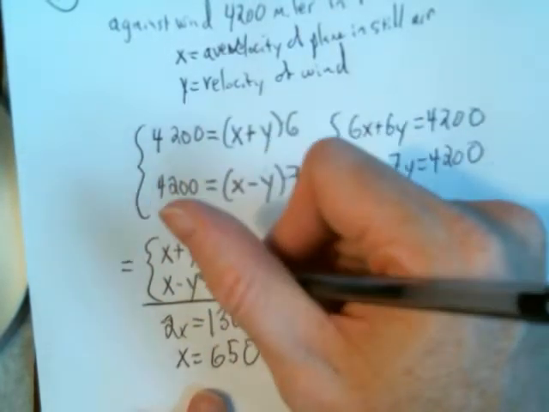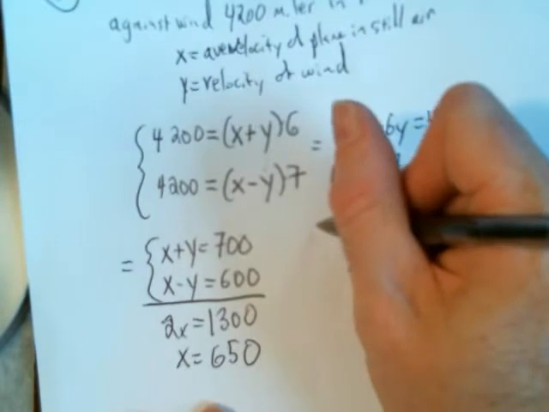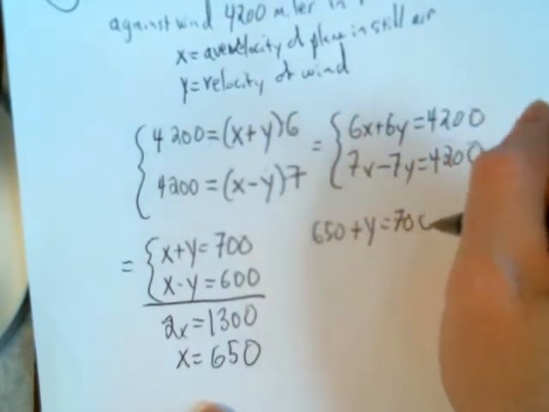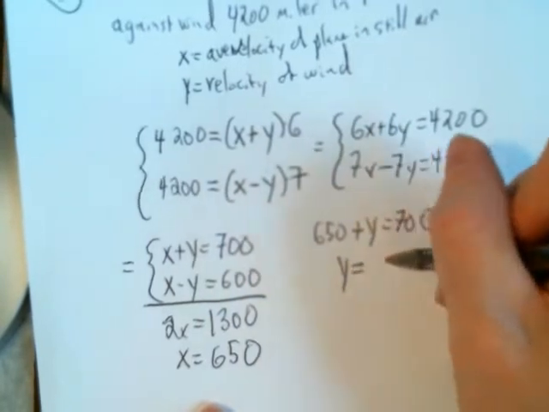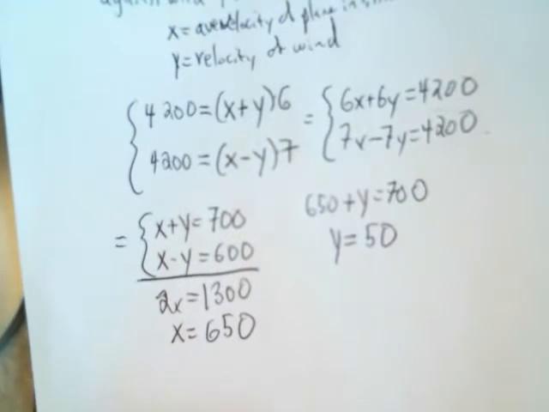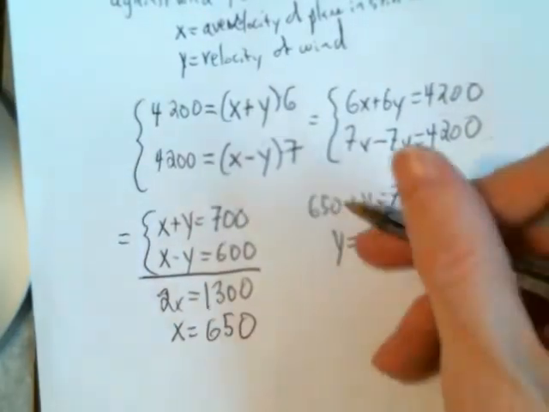So you can go back to any equation you have here. Probably the easiest one is this one right here. So you have 650 plus y is 700, and then solve for y. So y must be 50. Okay? Make sure these are reasonable numbers. If you get a plane going 1,000,000 miles per hour or negative 100 miles per hour, you know it's probably wrong.